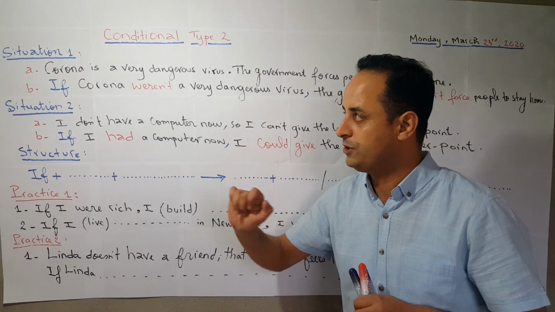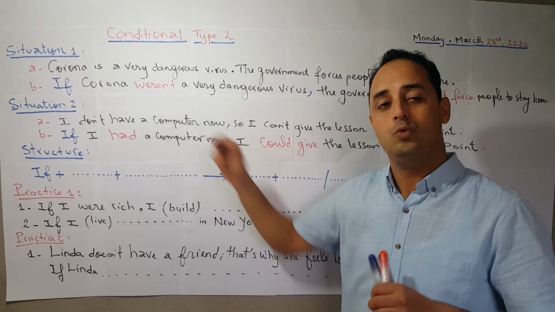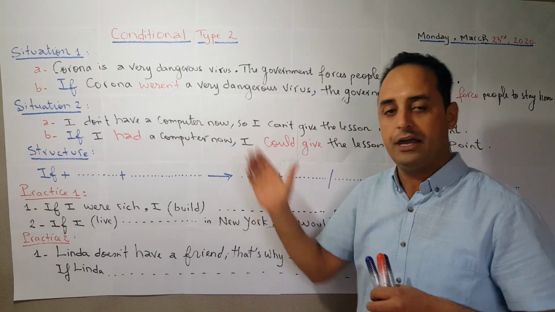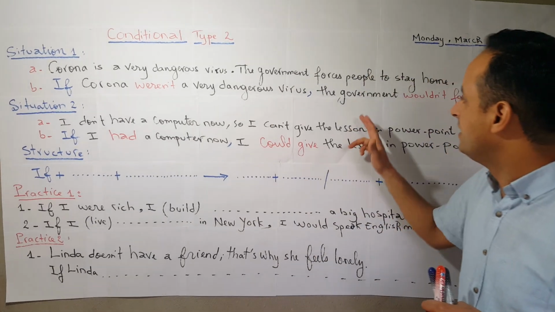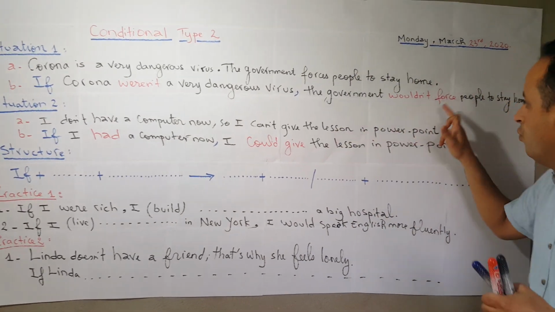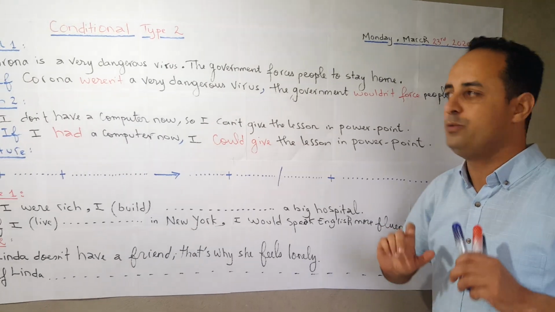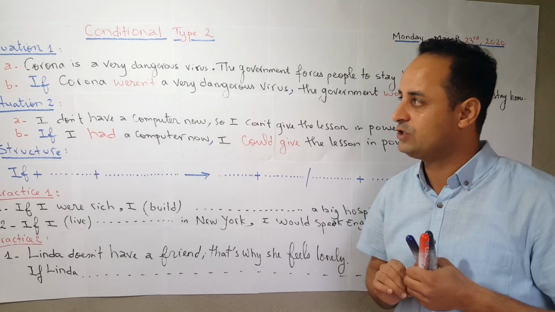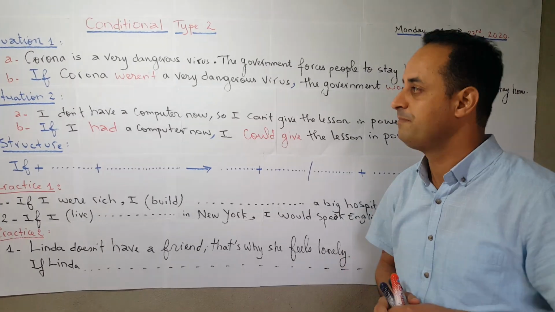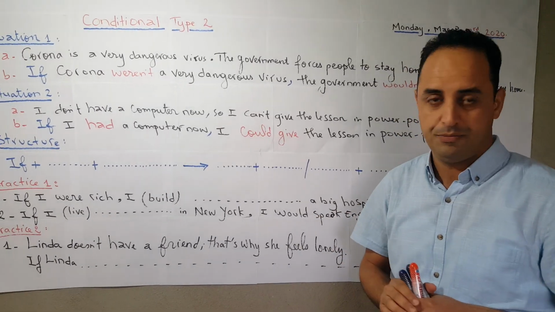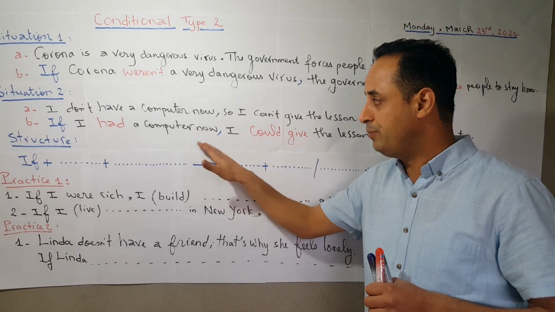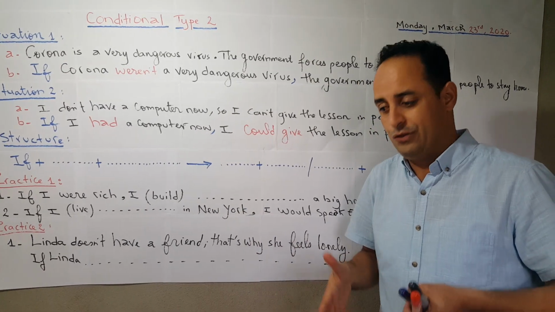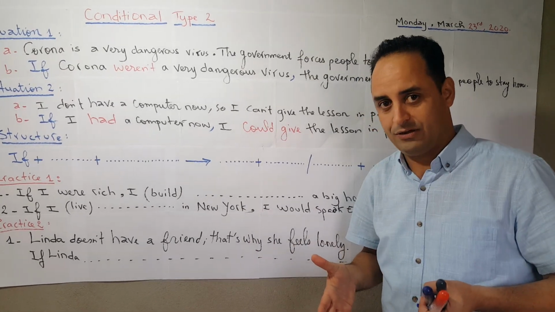In the first situation, if Corona weren't a very dangerous virus, the government wouldn't force people to stay home. So we just suppose the opposite case of A, which is a real one. In situation 2, if I had a computer now, the reality is I don't have a computer.